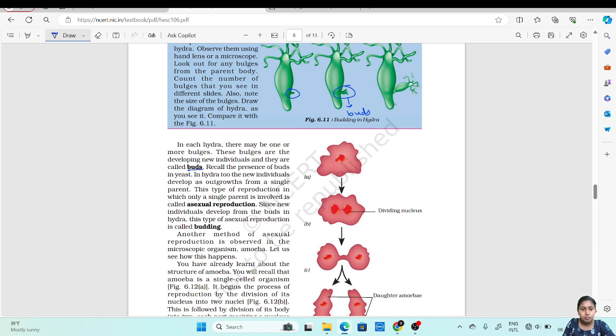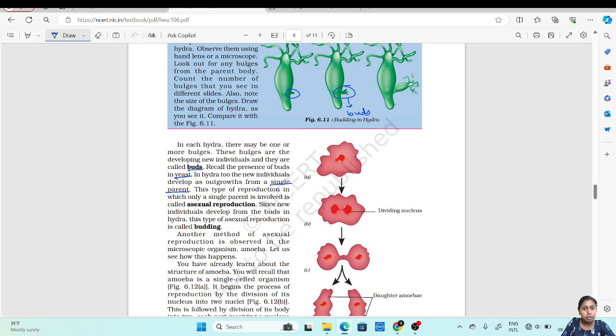A similar thing happens in yeast. In hydra, the new individual develops as an outgrowth from a single parent. As I said before, asexual reproduction involves only one parent. Only from this one hydra, this individual comes out.